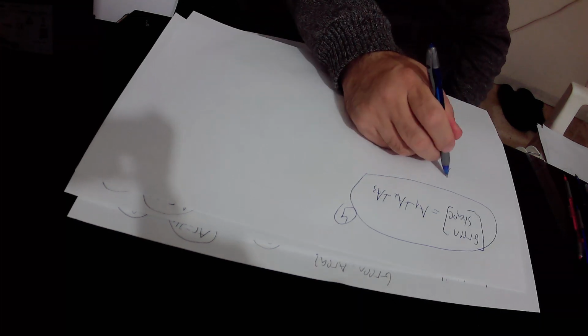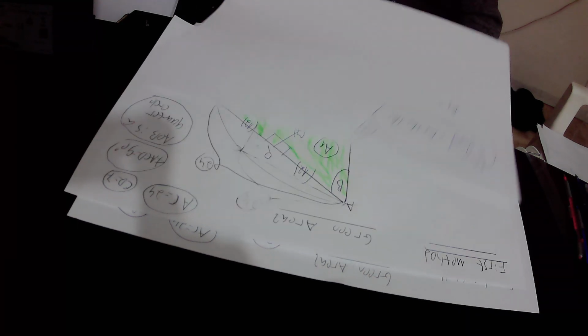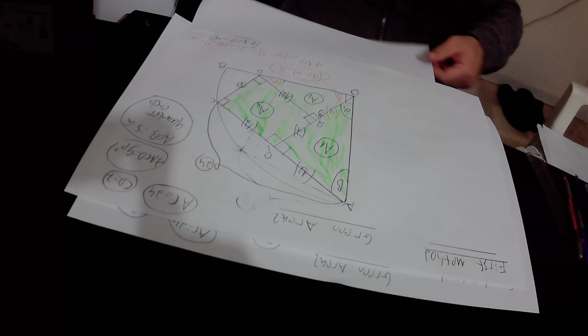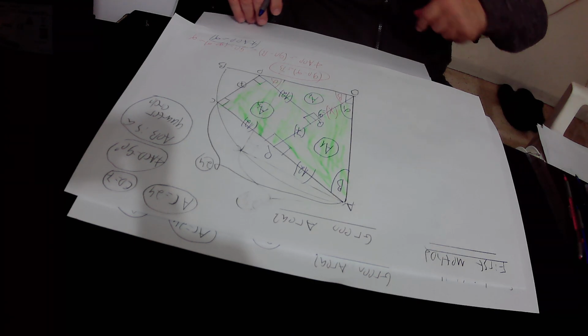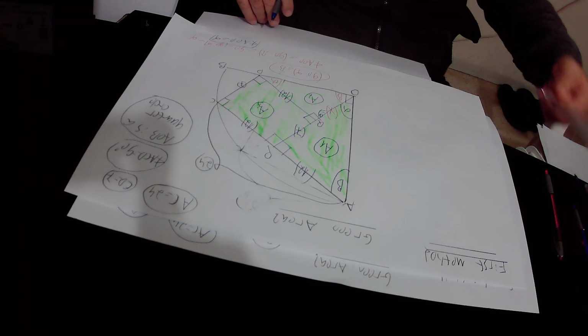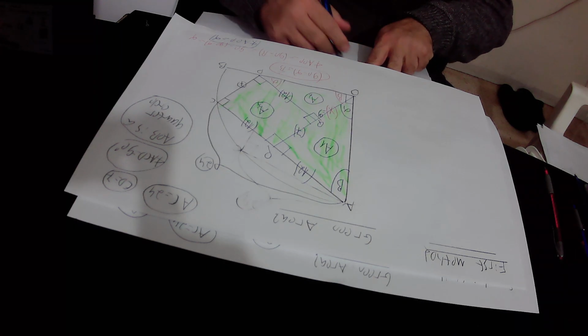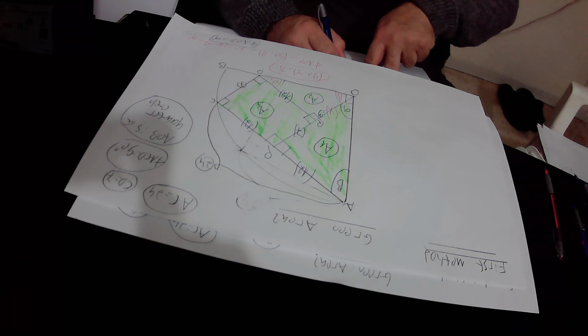Again, A1 is the area of the right triangle APO. So I copy the right triangle APO in a new page and find out the area of this right green triangle APO.